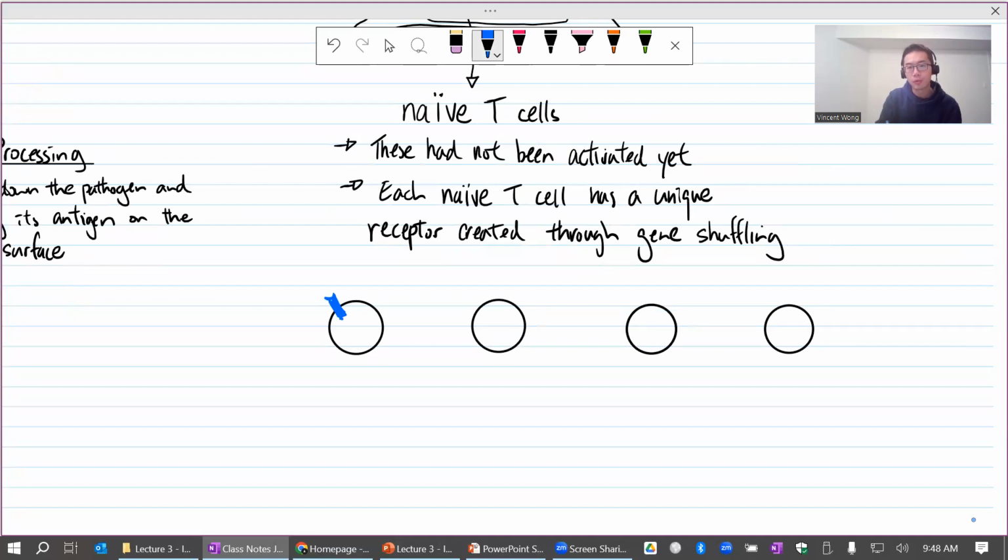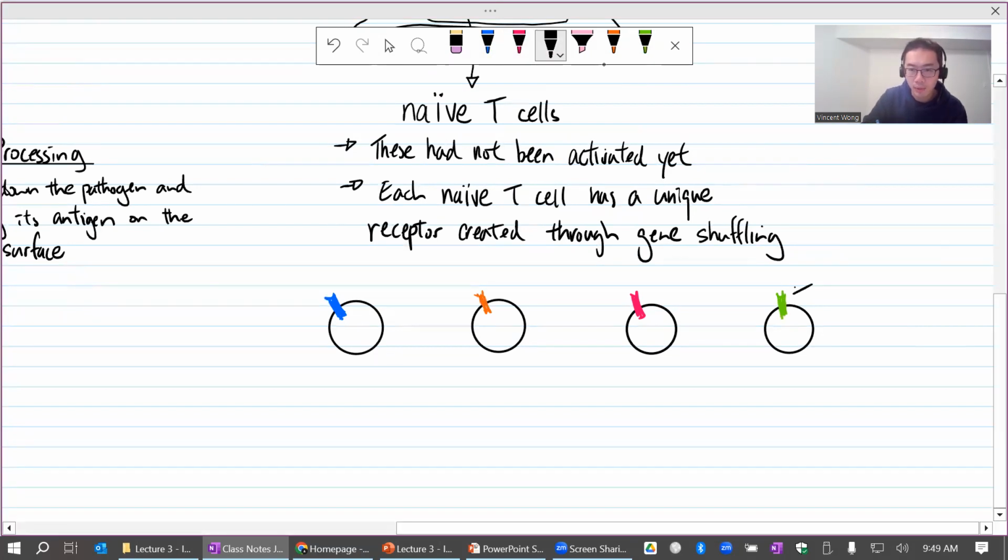Okay. So through gene shuffling, the T cell might have a blue receptor. Another one might have an orange receptor. Another one might have a red receptor, and another one may have a green receptor.